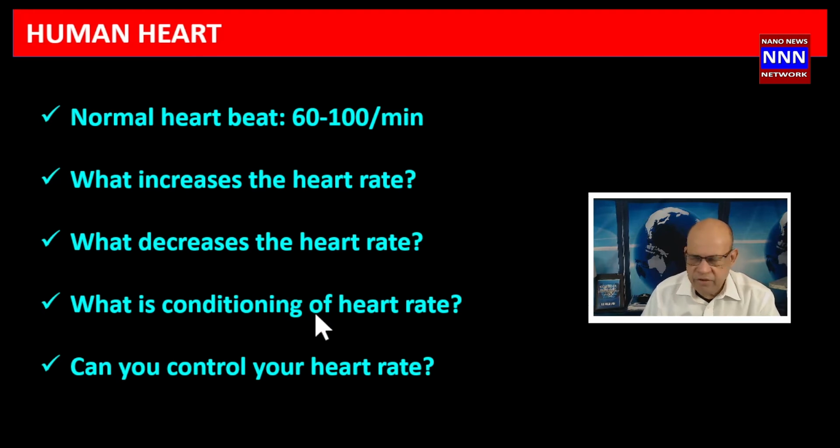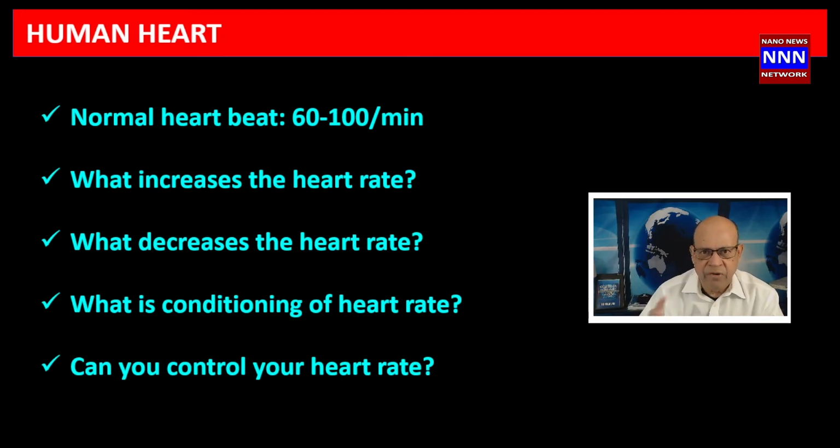And the next question is, what is conditioning of the heart rate? The heart rate is, the majority of the time, controlled internally by signals coming from inside the body and outside the body.